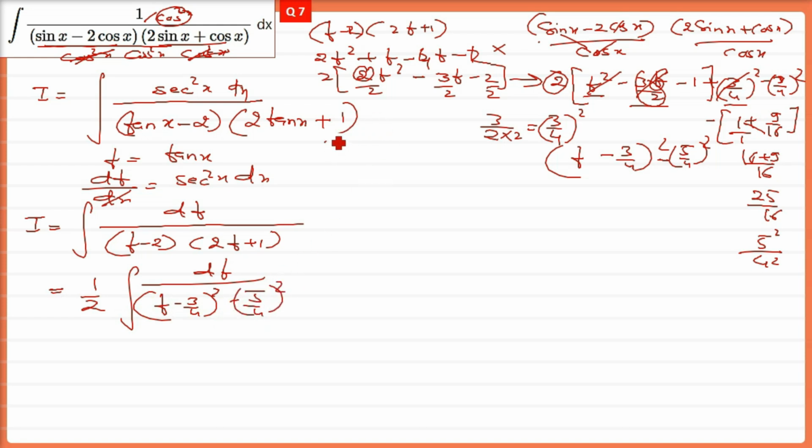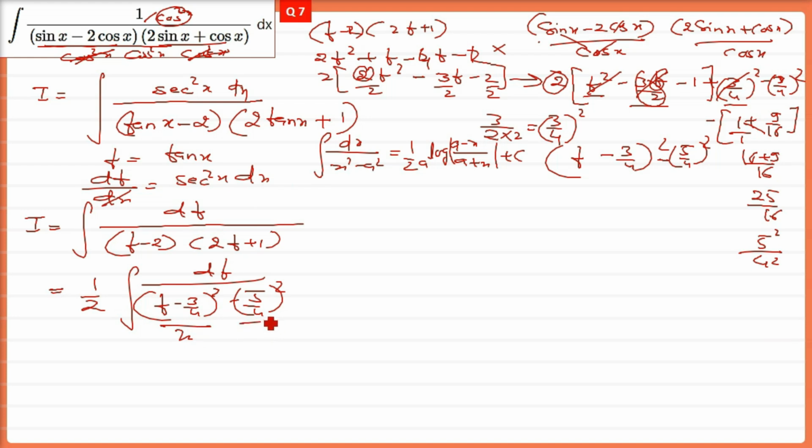Now we have arrived at a formal result, because we know the formula. dx by x square minus a square is what? You are already aware of that. It's 1 by 2a log of a minus x by a plus x. Please remember, dx by x square minus a square is 1 by 2a log of a minus x by a plus x. If it would have been dx by x square plus a square, it would have been 1 by 2a log of a plus x by a minus x.